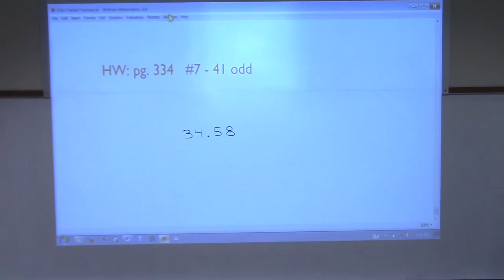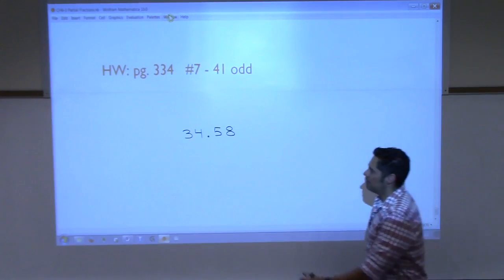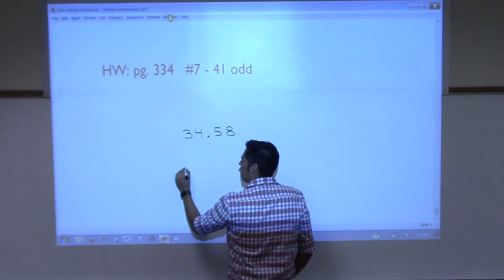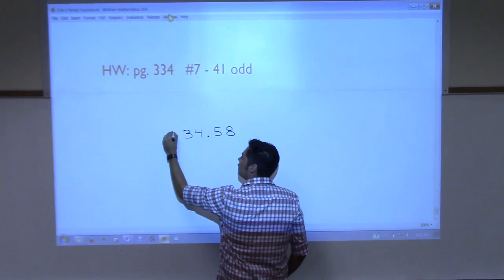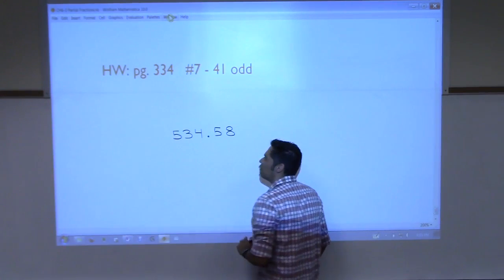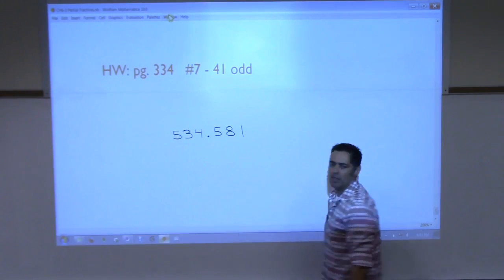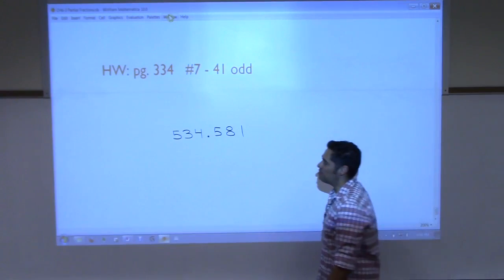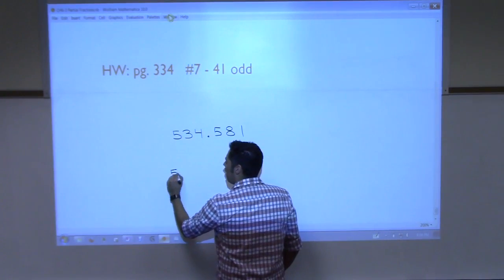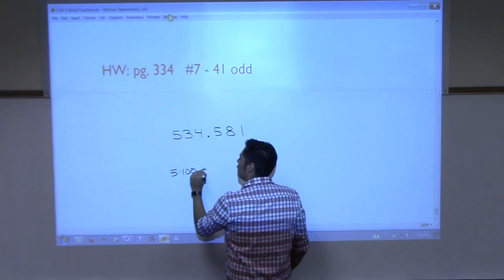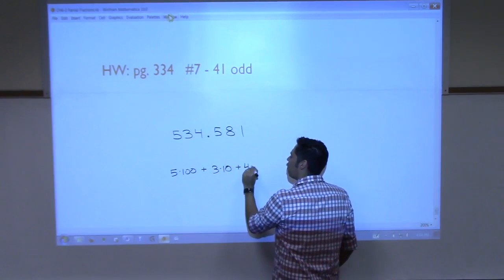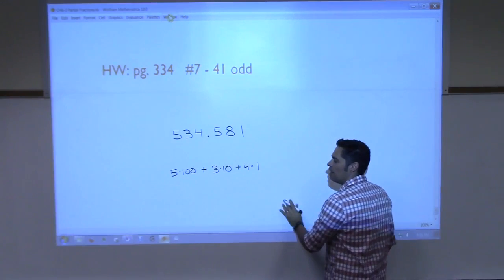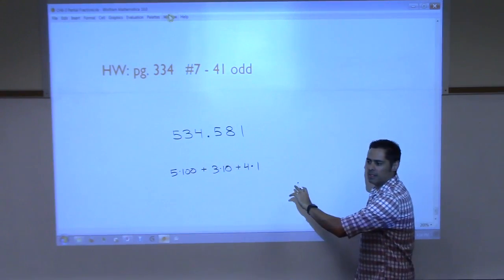34.58. What does this mean in our number system? This means that we have, let's do a different number. Let's do 534 and let's do 581 over here. So what this means is we have 5 hundreds plus 3 tens plus 4 ones, right? Okay.